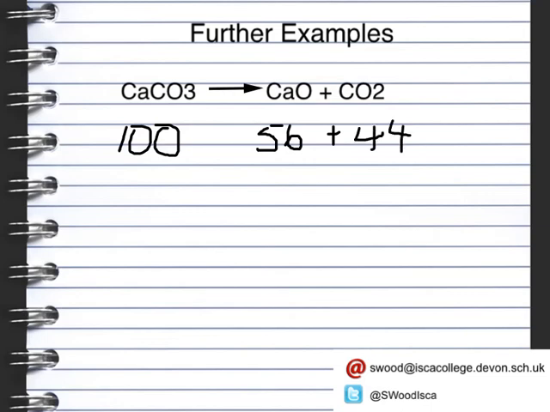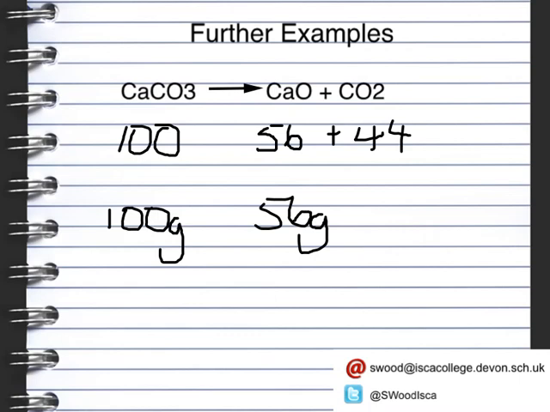Now this tells us that in terms of our ratios, if we have 100 grams of calcium carbonate, we will end up with 56 grams of calcium oxide.